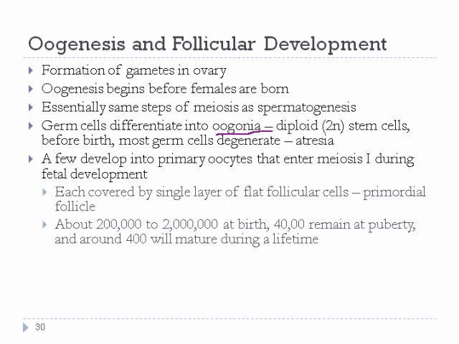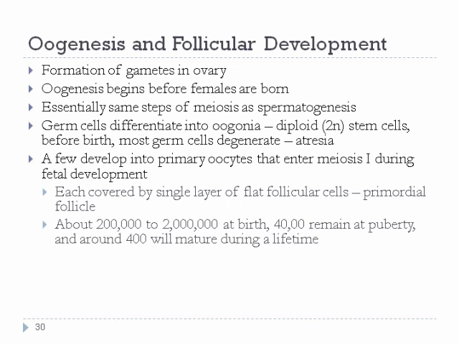Now, a lot of these are going to degenerate. That's called atresia. Some develop into primary oocytes, and they go into the first stage of meiosis. These are covered by a single layer of follicular cells, and so this is called a primordial follicle.